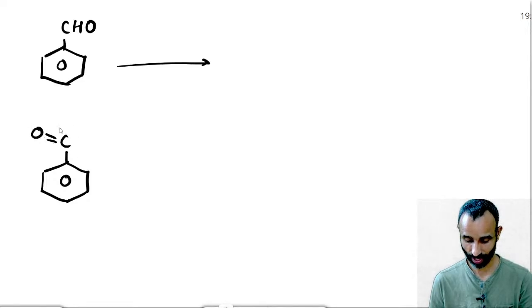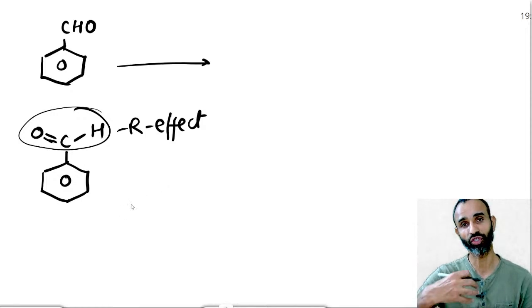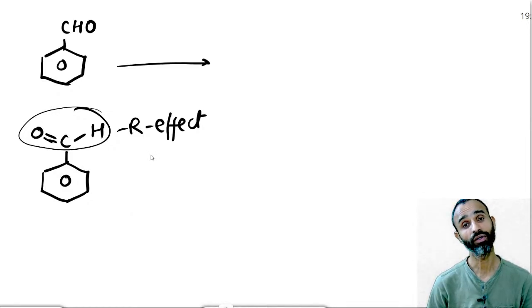Just keep in mind, if it has a pi bond, it has minus R effect, okay? So it withdraws electrons, and resonance takes place at ortho and para, means it decreases electron density particularly from ortho and para.